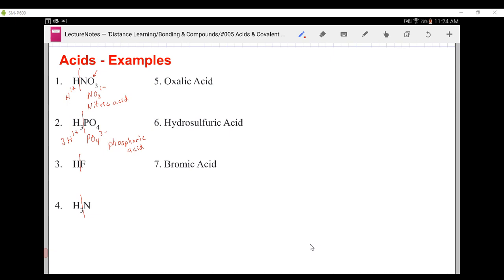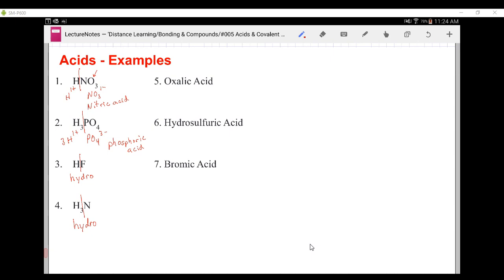Now for our next two examples, I see that there's no oxygen in them, so each of these is going to be a binary acid. So we know that from the start, both of these need to start with the word hydro. And then I'm going to put the anion in there, but I'm going to change that IDE ending to IC.